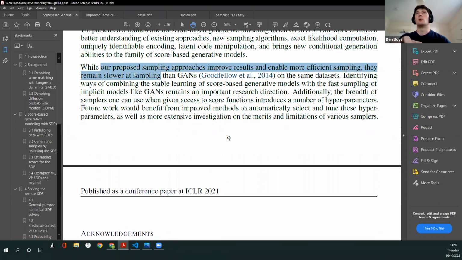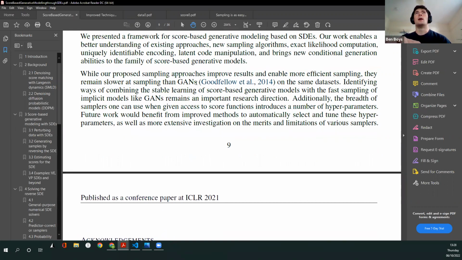So this is a comment about GANs. While our proposed sampling approach improves relative results and enables more efficient sampling, they remain slower at sampling than GANs. I imagine that's because of the number of time steps needed in the reverse SDE. And I think I watched a video that said you only need 1 step in GANs because you train a separate discriminator and predictor neural network in GANs.